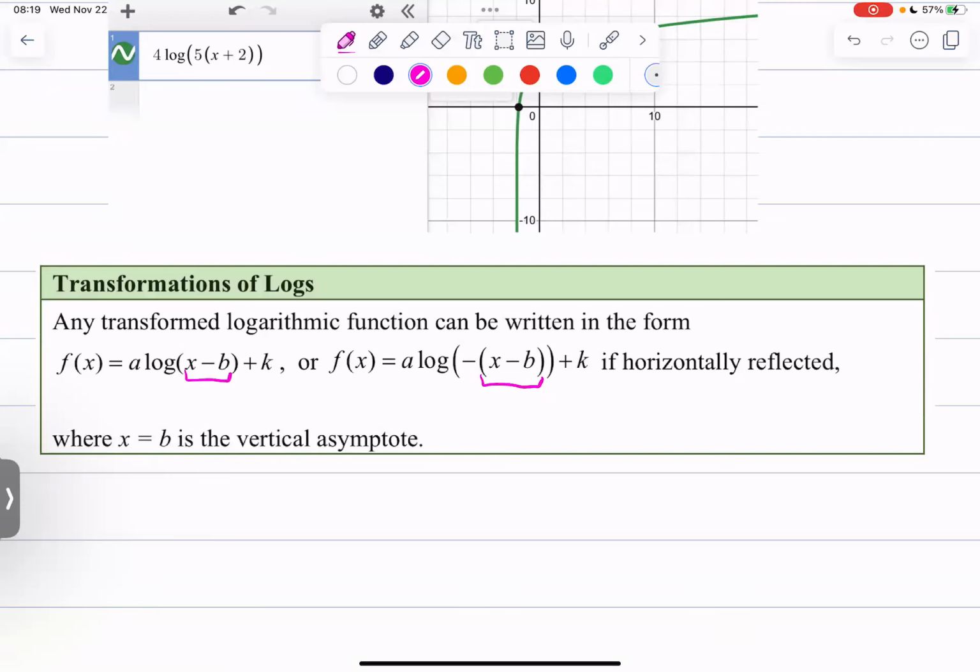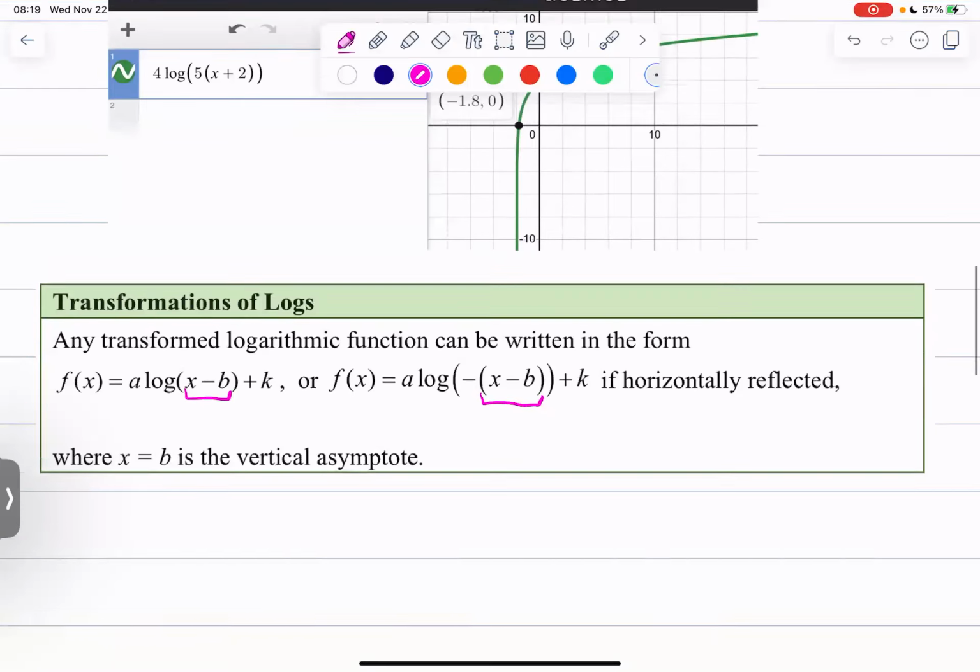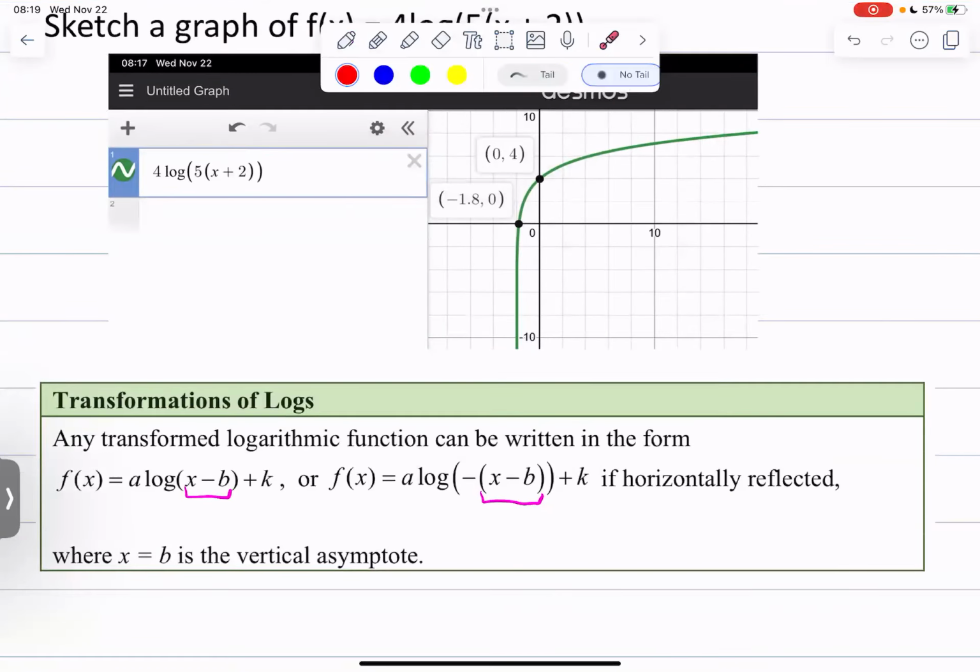Okay? So what we can do is we can look at this here and we can say, okay, I've got 4, which looks like it could be my a. Right? I've got the log of 5 times x plus 2. But what I could do is I could rewrite x plus 2, right?